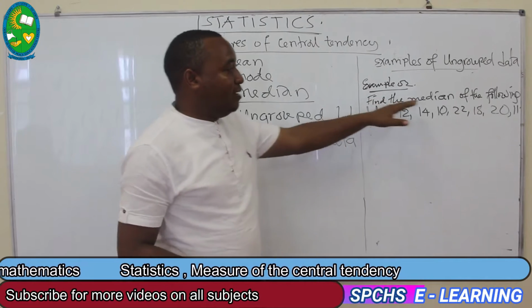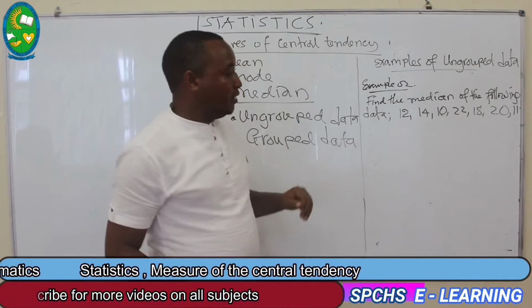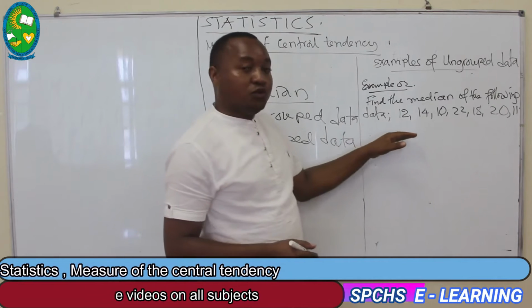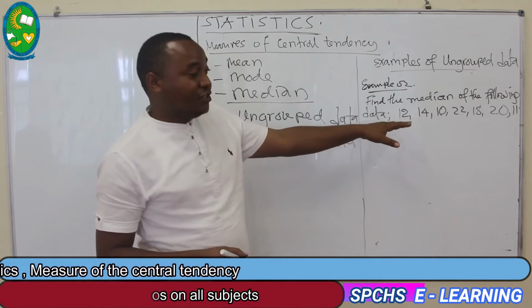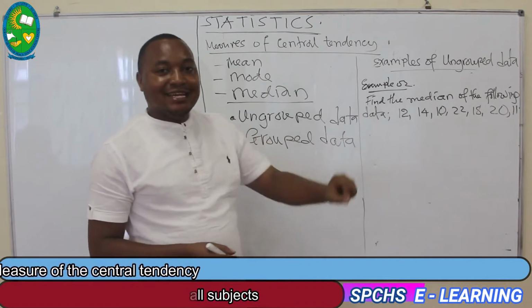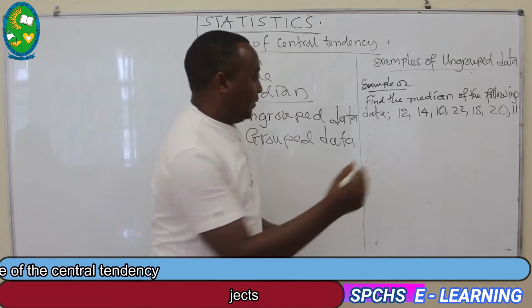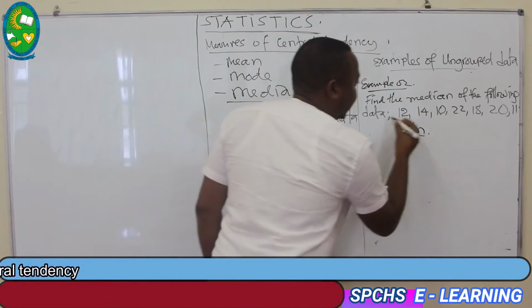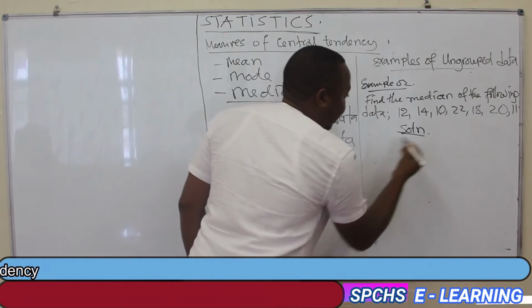So let's have a look at another example of ungrouped data. We are given, find the median of the following data. We have the data given as that. So the first thing to do is arranging this data in either ascending order or descending order. So for the solution, we arrange the given data in ascending order.